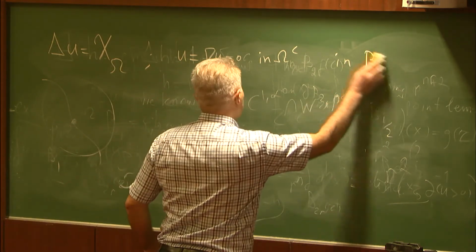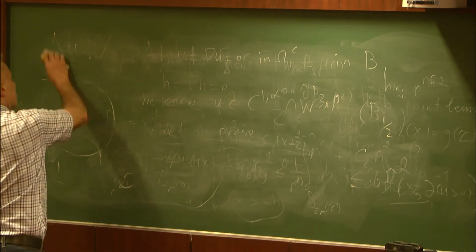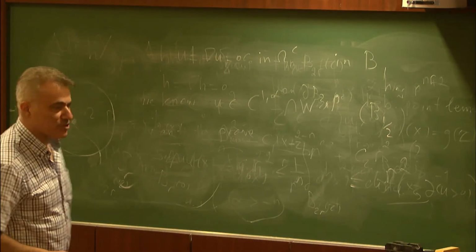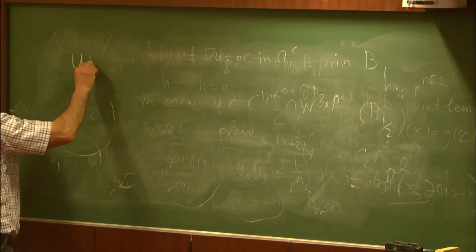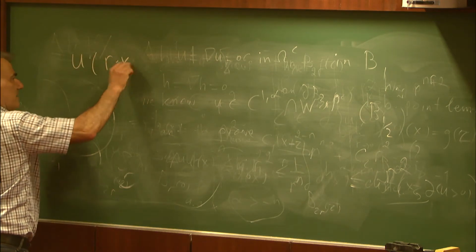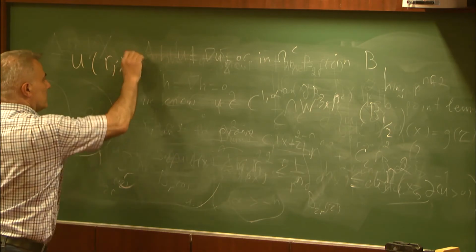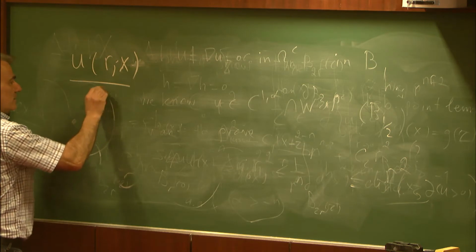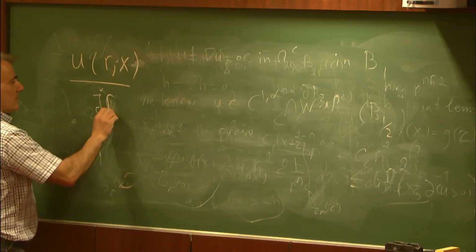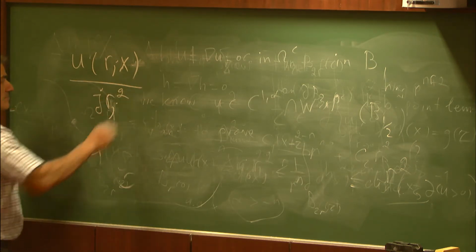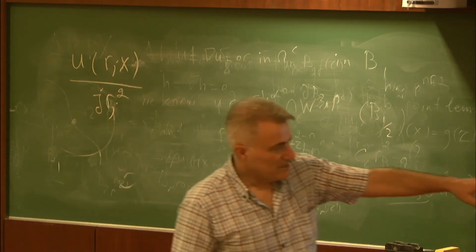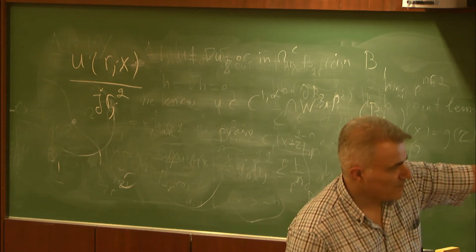So what does it tell us? It tells me that I can actually rewrite my function, calling this u of Rj x plus 0. Then I divide it by j times Rj squared. You see, if you go back, I'm sort of rewriting. I'm dividing by that.